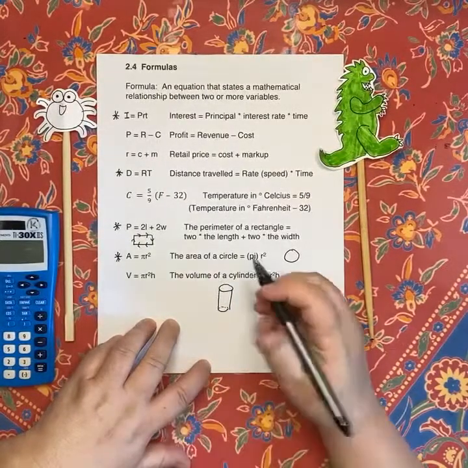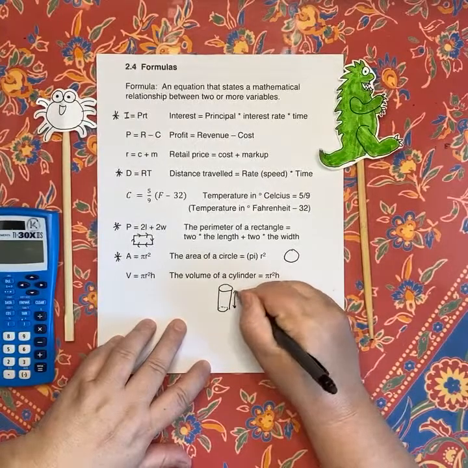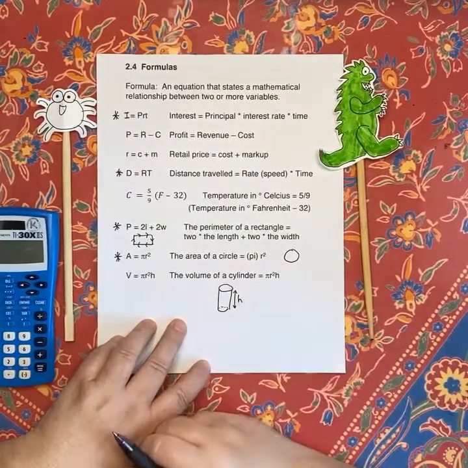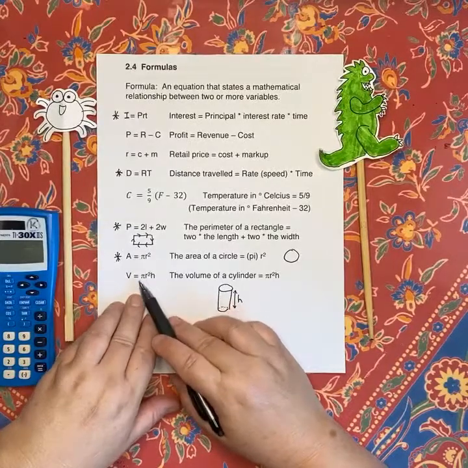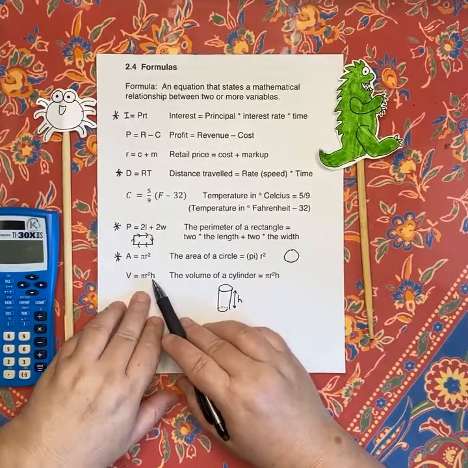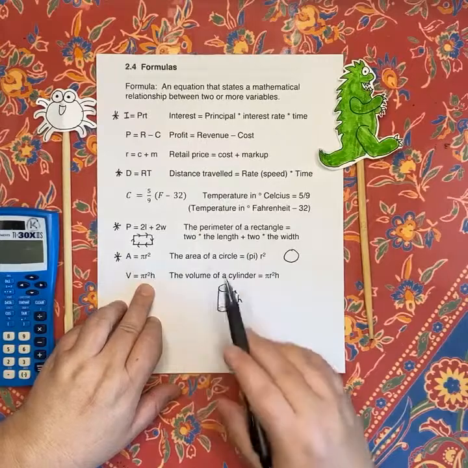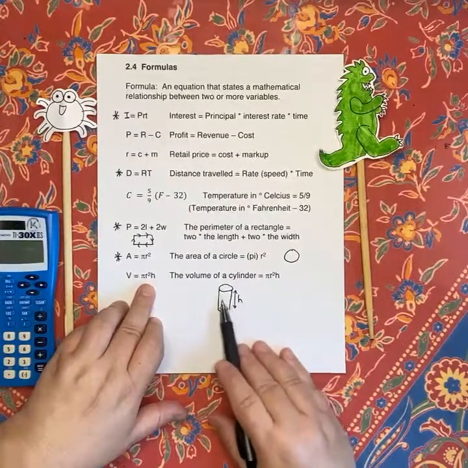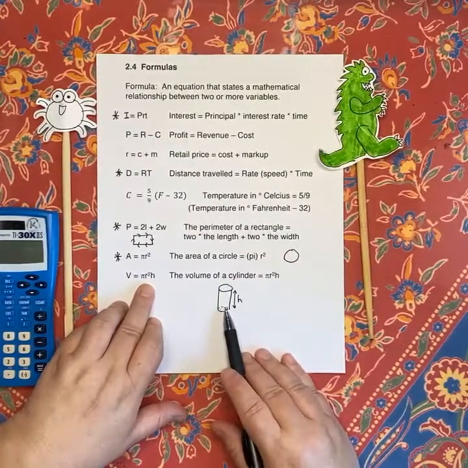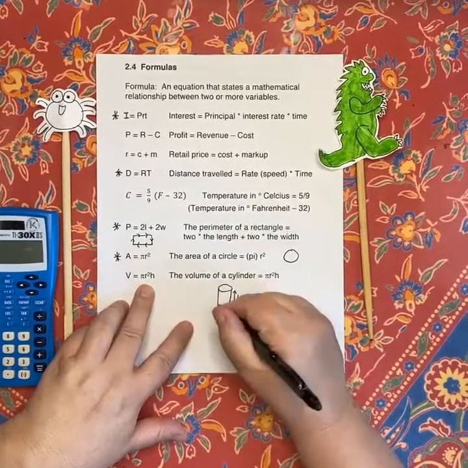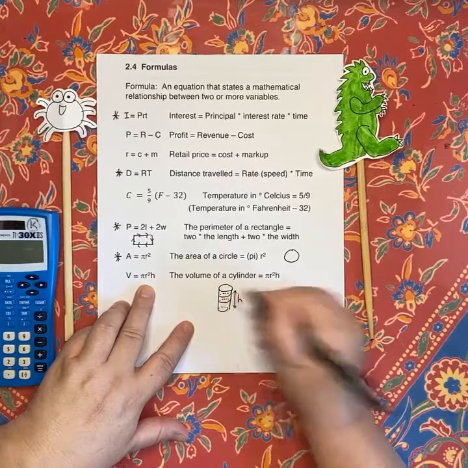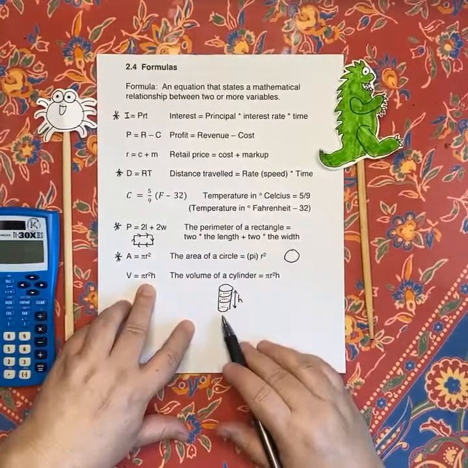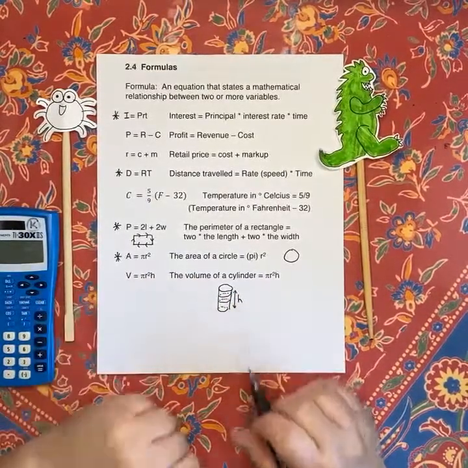And the thing about a cylinder is the additional dimension is height. And you'll notice that in the formula, pi r squared appears in both. It's just that you multiply times the height. That's because the volume of a cylinder, all the stuff that will fit inside, is basically just a bunch of circles stacked on top of each other. So how many circles do we have? We have h height worth of them.